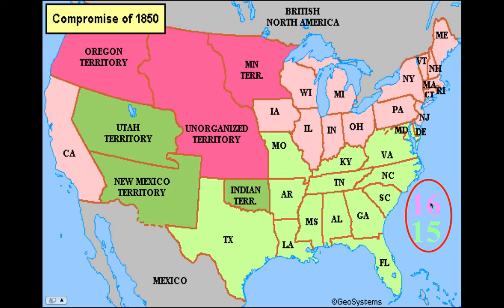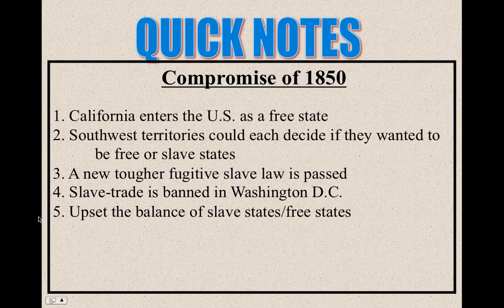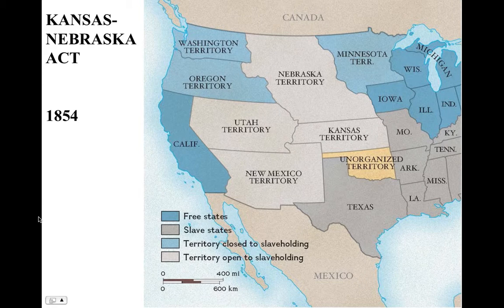If you notice over here, there are 16 free states in the United States in 1850 and only 15 slave states. So the free states have more states than the slave states by 1. And that upsets the balance in Congress.